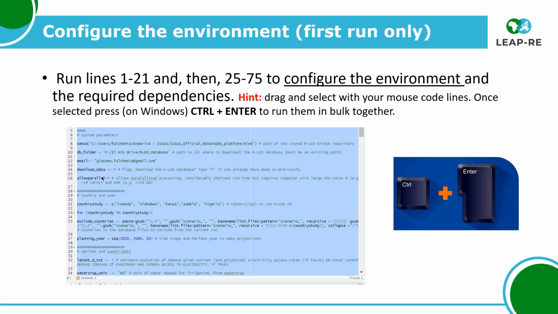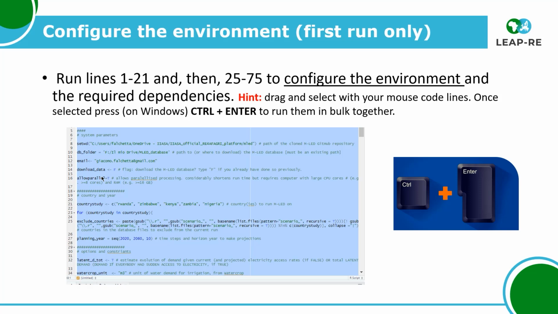By the way, you can also press Ctrl plus Enter on your keyboard, which is a keyboard shortcut to run the code. Once you run lines from 1 to 21, you will see the console output completing. And then you will need to crucially run the lines from 25 to 75, which are those actually configuring the environment and installing the required packages.